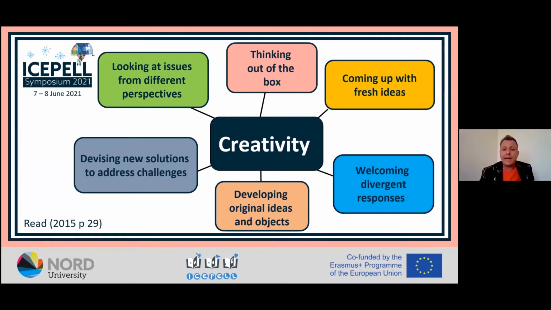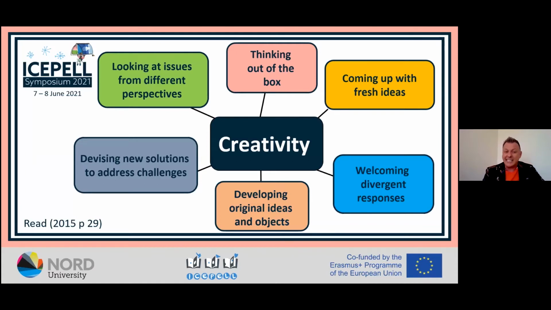She talks about thinking out of the box, coming up with fresh ideas. So that's such a key one, isn't it, for creativity? This one, I think we really often don't do enough of in primary ELT for many, many reasons. Welcoming divergent responses. So often a response, for it to be creative, needs to be a little bit out there, I think.